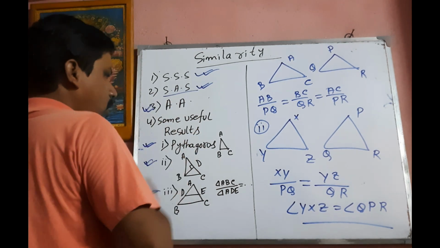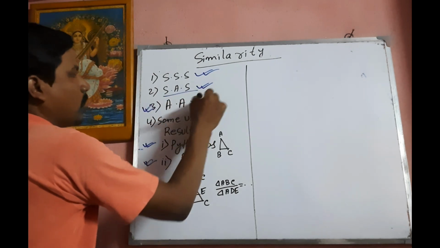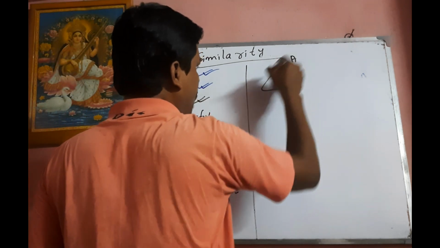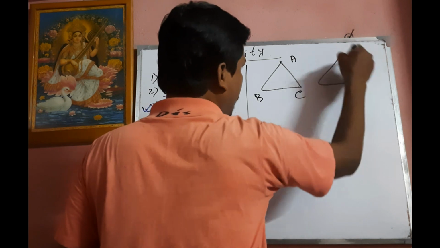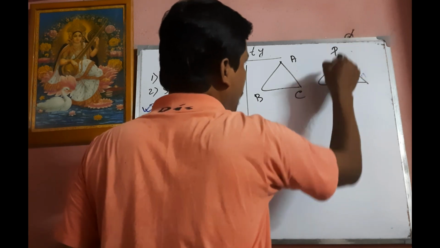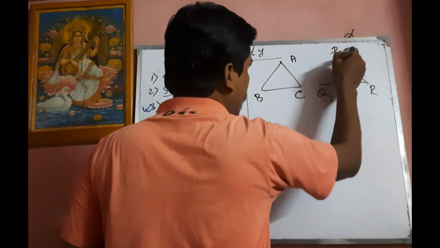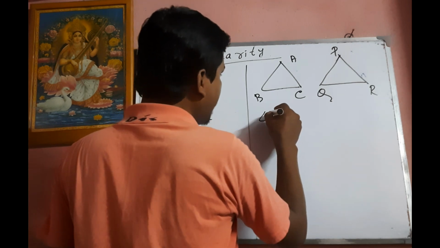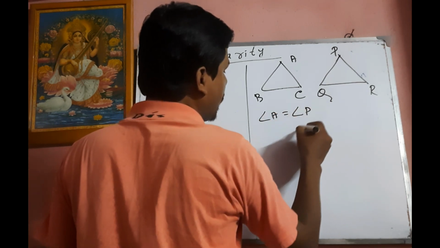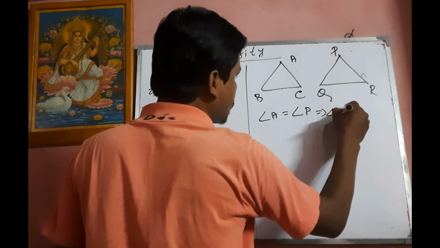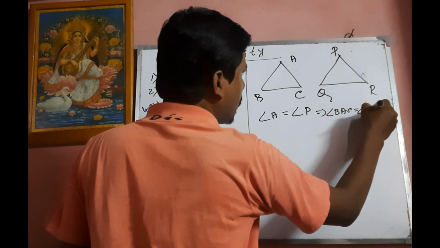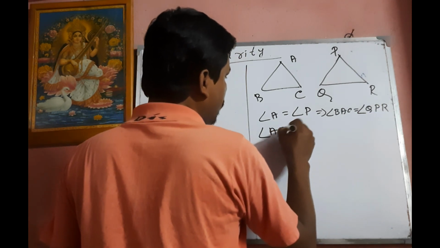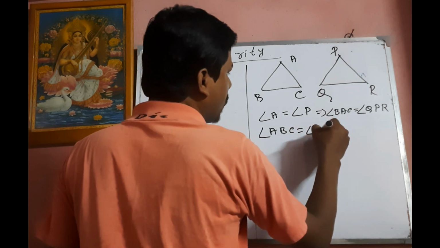Now we are moving to the third formula of this chapter, that is AA. Suppose a triangle ABC and another triangle PQR are given, and angle A is equal to angle P, that is BAC is equal to QPR, and the angle ABC is equal to angle PQR.